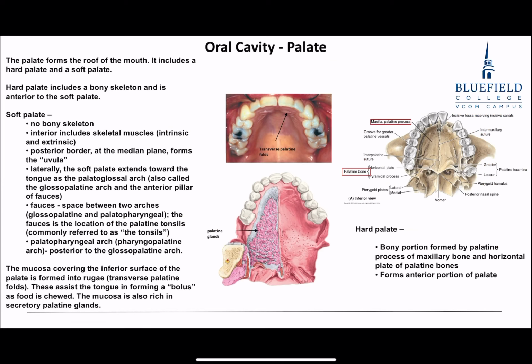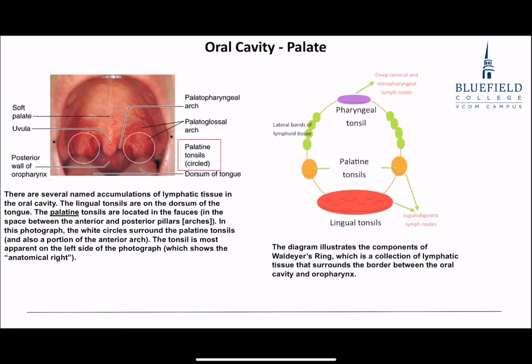So now we're looking in a patient's mouth here. We see the uvula, and we can see part of the soft palate and the hard palate. I don't really see those transverse folds. They might be a little bit up here. The other thing we can see here, though, is the palatoglossal arch.